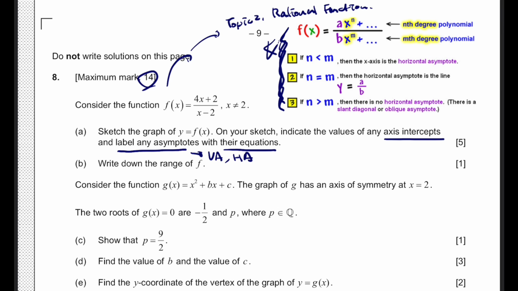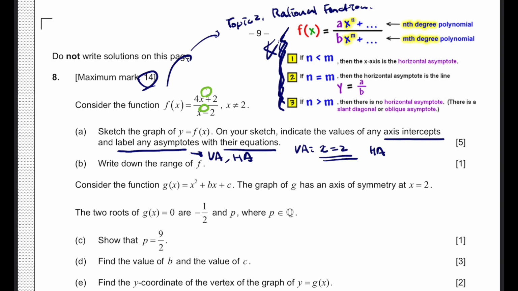So for the vertical asymptote, we already know that it is the same as x cannot be equal to 2, right? You got this value from the denominator. For the horizontal asymptote, you have to look at the powers of the first term of the numerator and denominator.